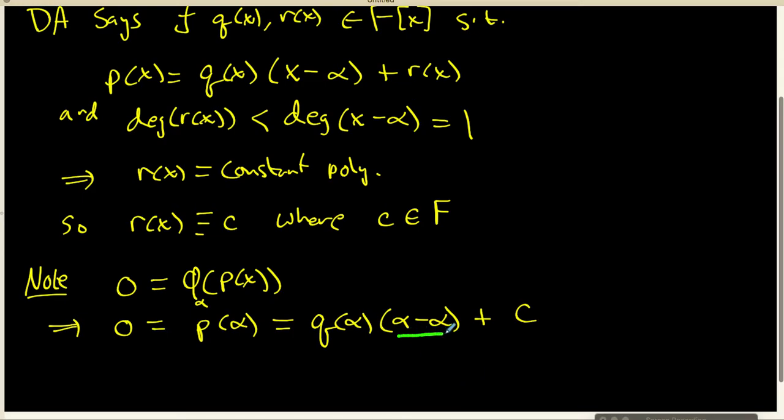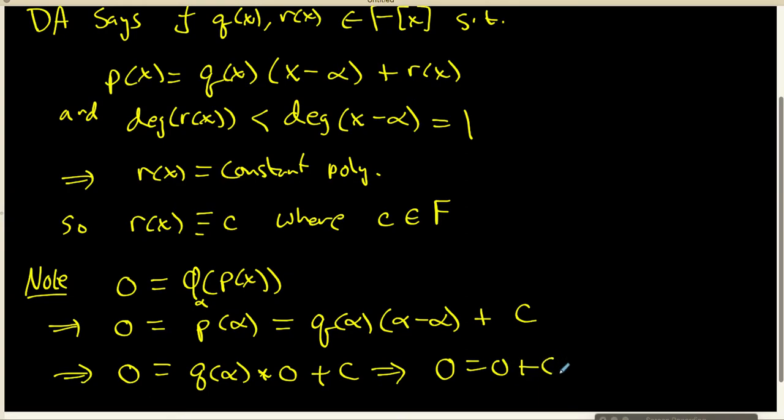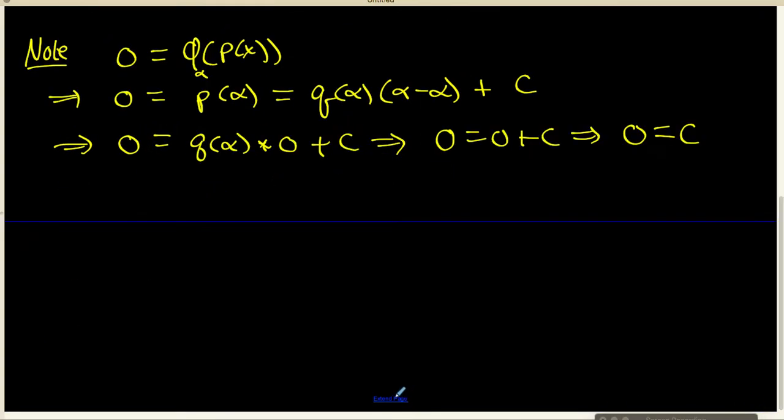Alpha minus alpha is a big fat 0, and so this equation that we're looking at implies that 0 is equal to q of alpha times a big fat 0 plus c. But that says 0 is equal to 0 plus c, which says 0 is actually equal to c. And so what does that mean?